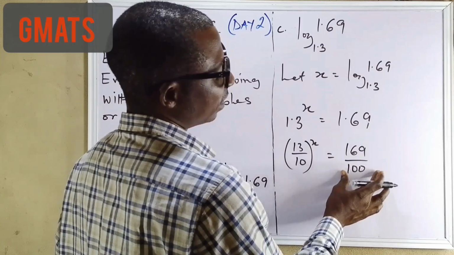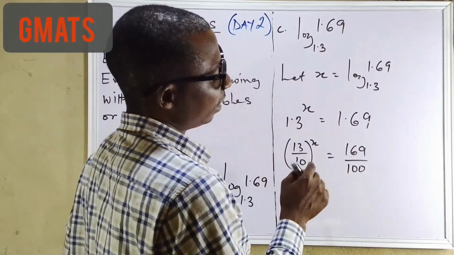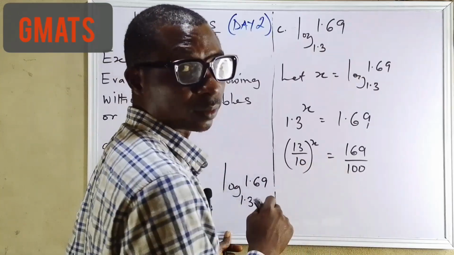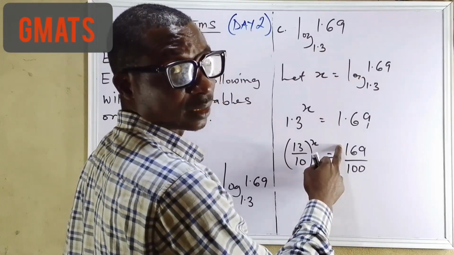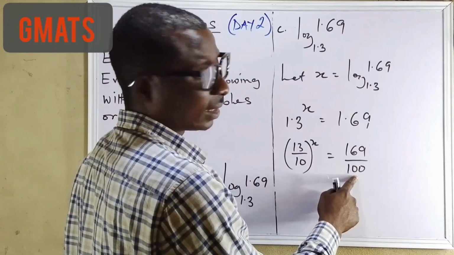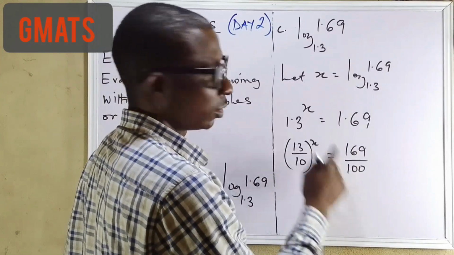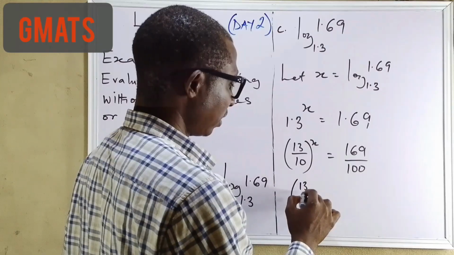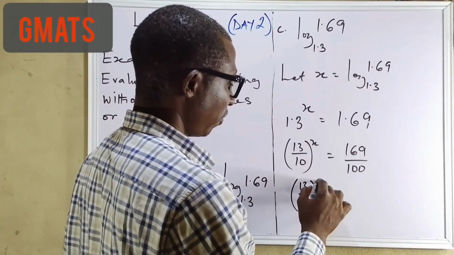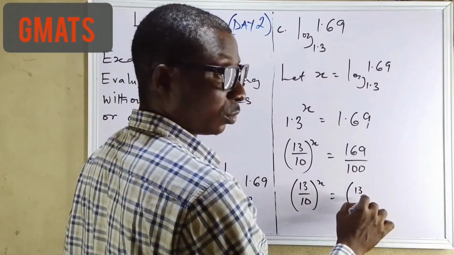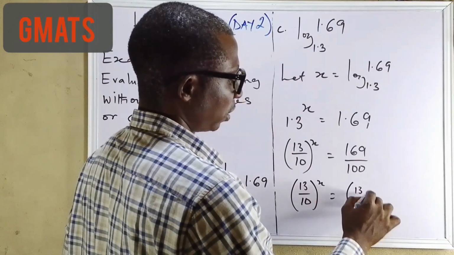Okay, so now when you look at this side, you discover that this is a perfect square. This is also a perfect square, because 13 times 13 is going to give you 169, while 10 times 10 will give you 100. So this returns to (13/10)^x = 13^2 over 10^2.